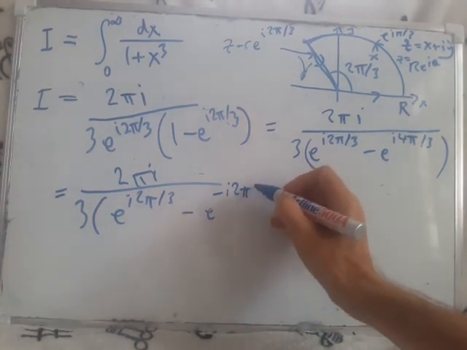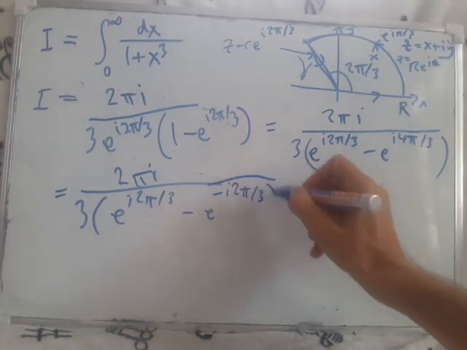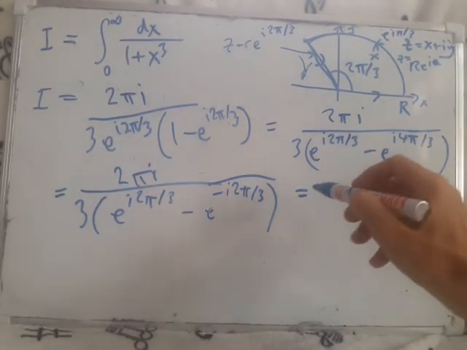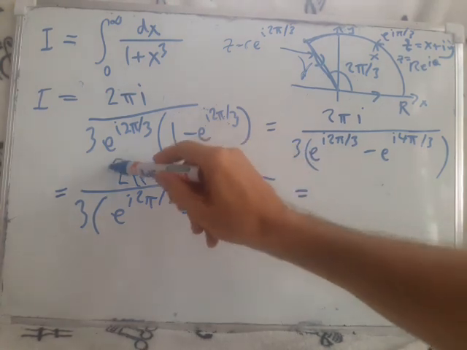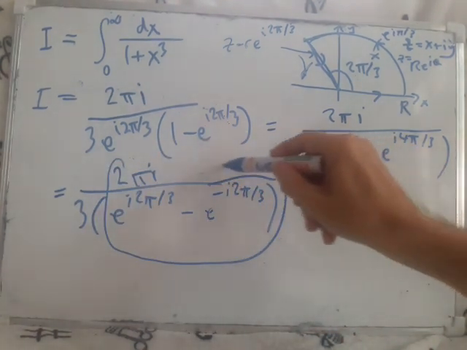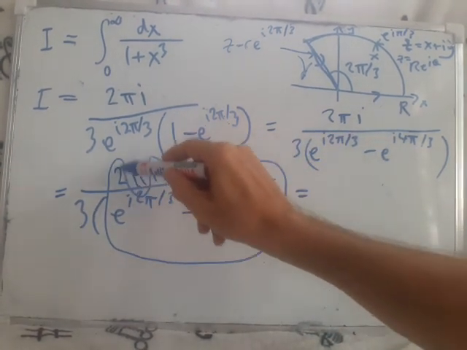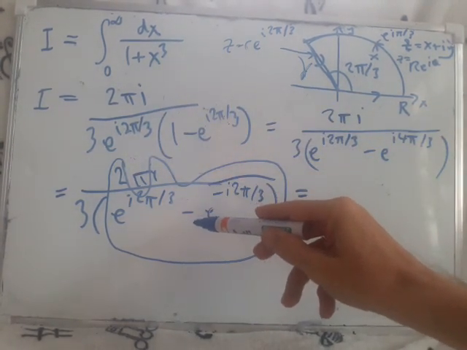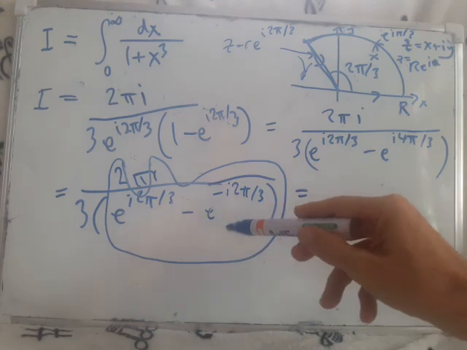Minus 2 pi over 3. So, this bit here is precisely 1 over sine 2 pi over 3.